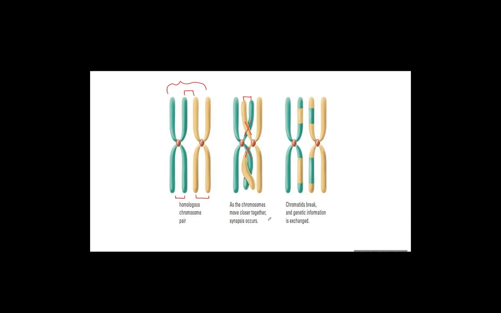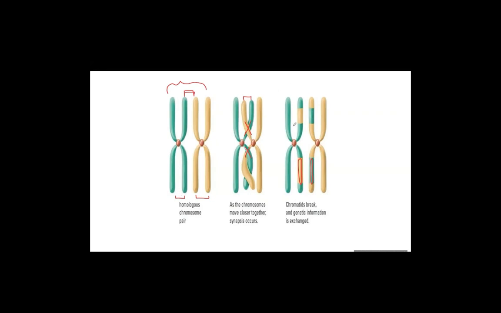Once crossing over occurs, some chromosome segments can be exchanged. So this chromosome can carry a segment coming from the other partner of the homologous pair. Crossing over occurs between non-sister chromatids of a pair of homologous chromosomes, but it should be non-sister chromatids, not within sister chromatids.